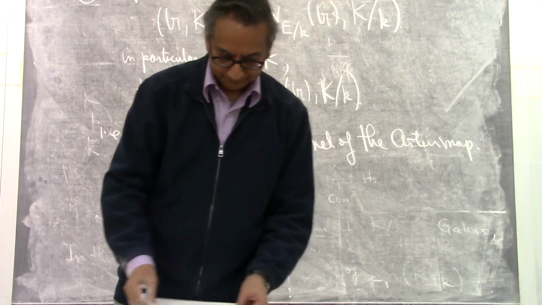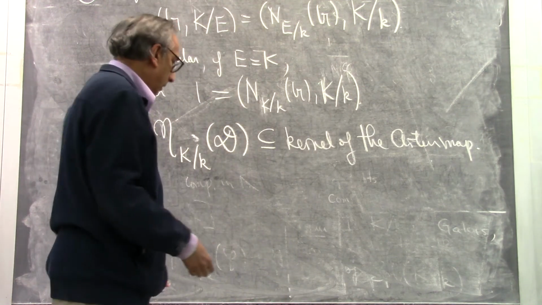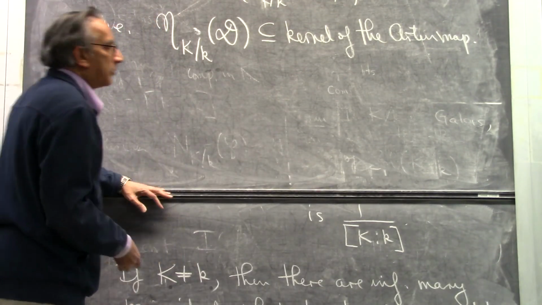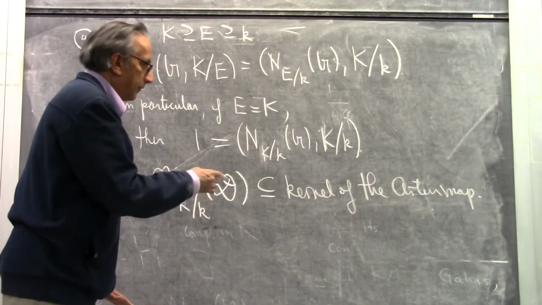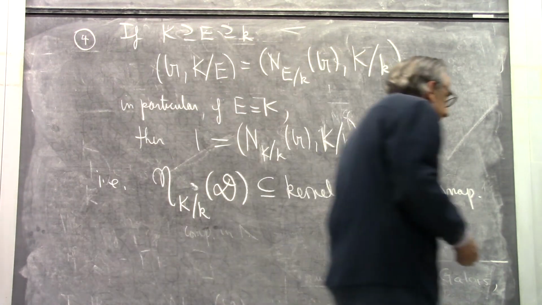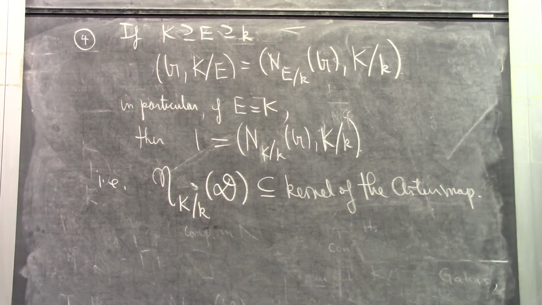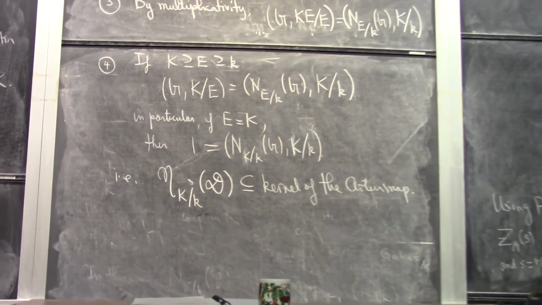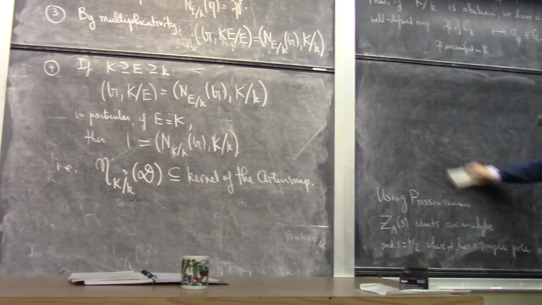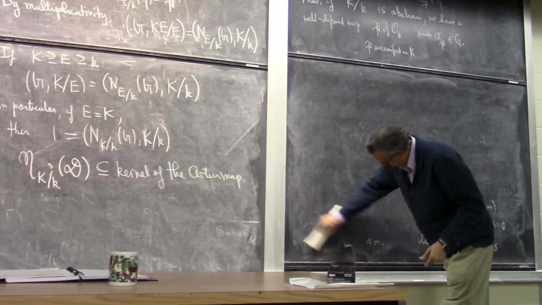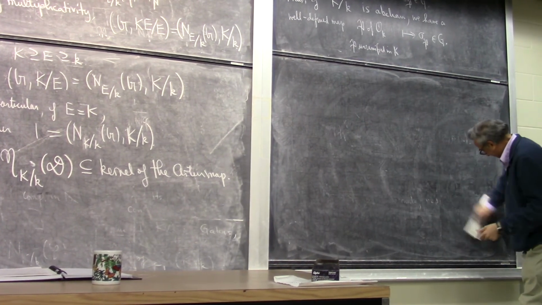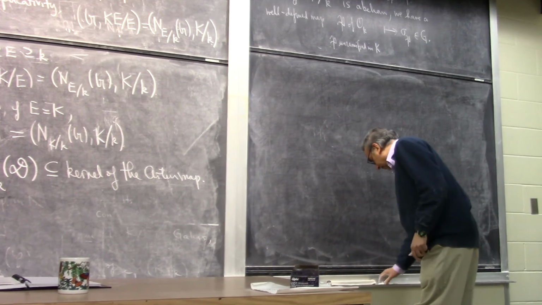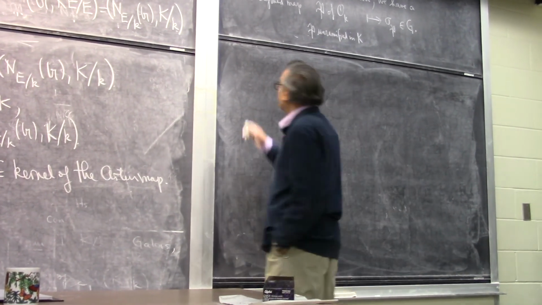Now, so what Artin does in the proof of the reciprocity law, maybe I should move to that board. So there are several observations to make. So the proof of reciprocity.